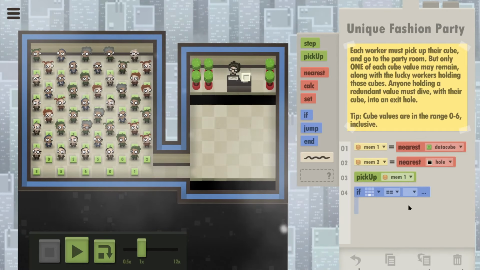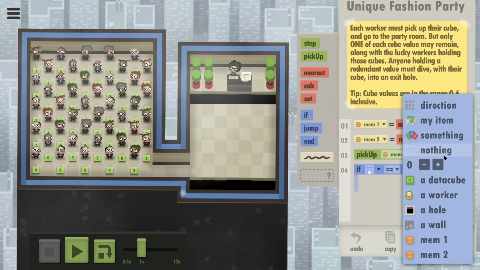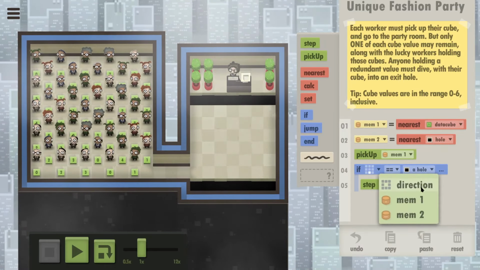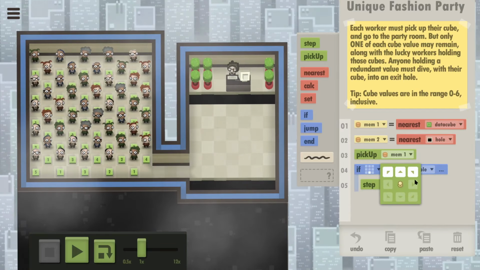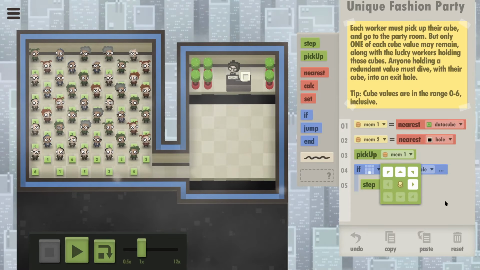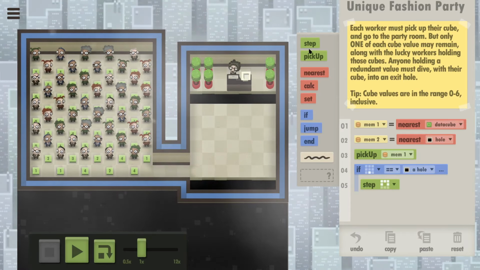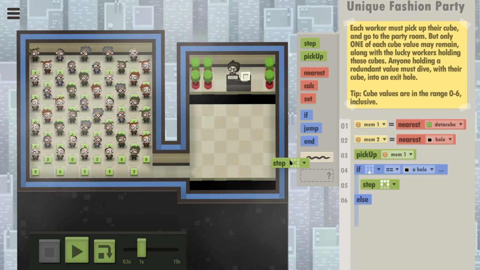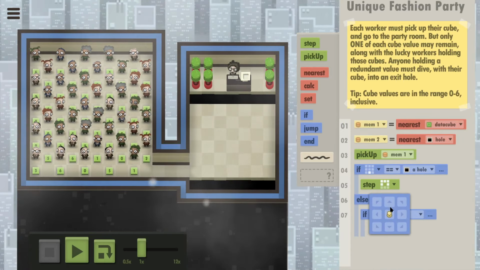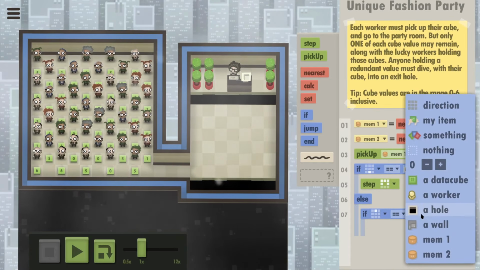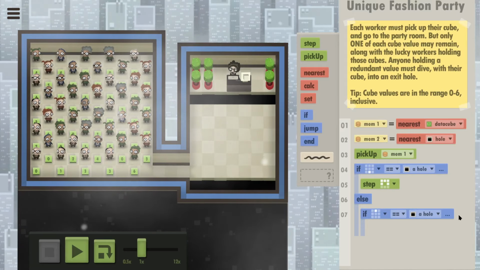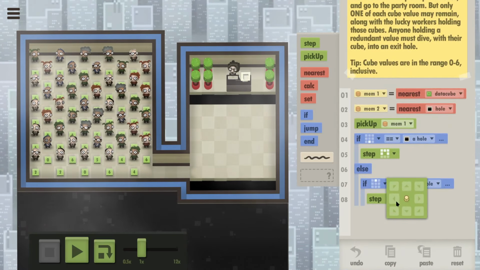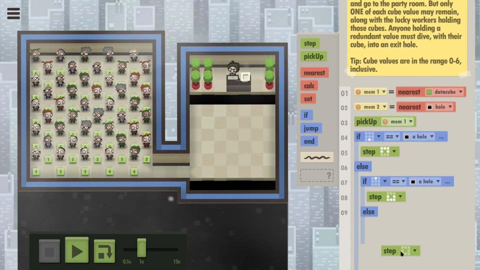If this equals a hole, that, else, if this equals, let's go back to this. This equals a hole, step. Else step.